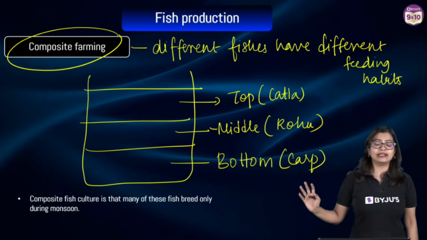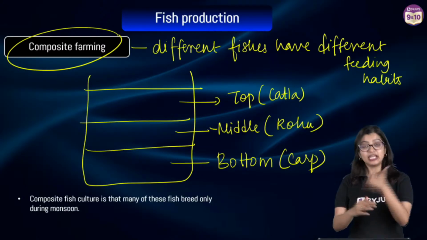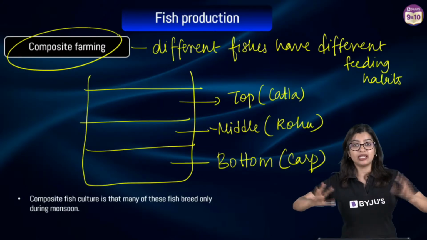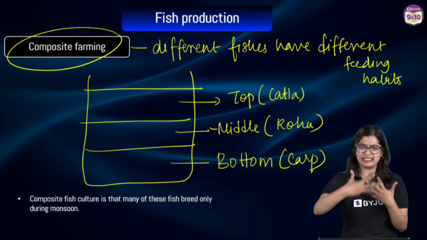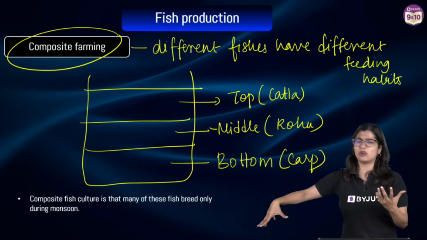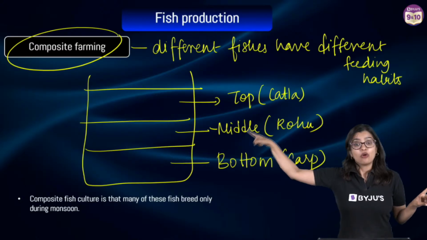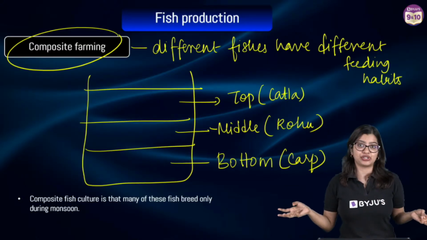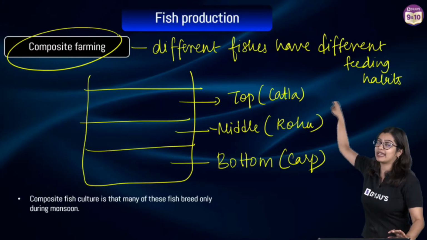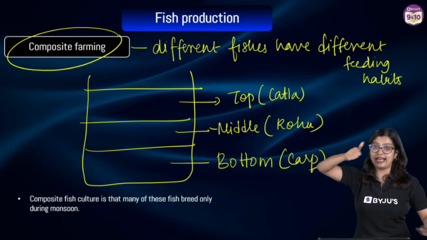Now what will happen is, when I do culture fishery using composite farming, let me recall. What is culture fishery? Rearing them in an artificial environment, right? Maybe a tank or a part of a reservoir or whatever it be. But in that, if I do composite farming, what is composite farming? It is a technique where I can rear 3-in-1 fish, right? Three fishes I can rear in such a way that they all have different feeding habits.